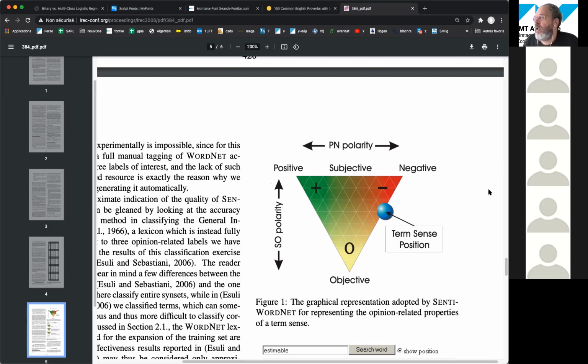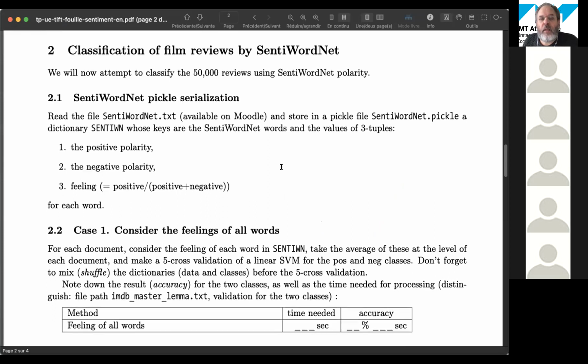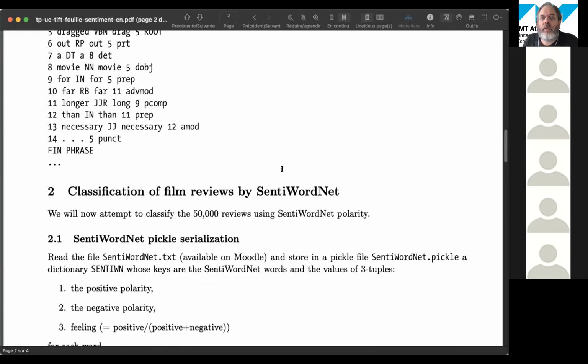So that's the idea of SentiWordNet, and I've placed the data also on Moodle. Now the question is, can this help us in predicting positive or negative polarity of movie critics?